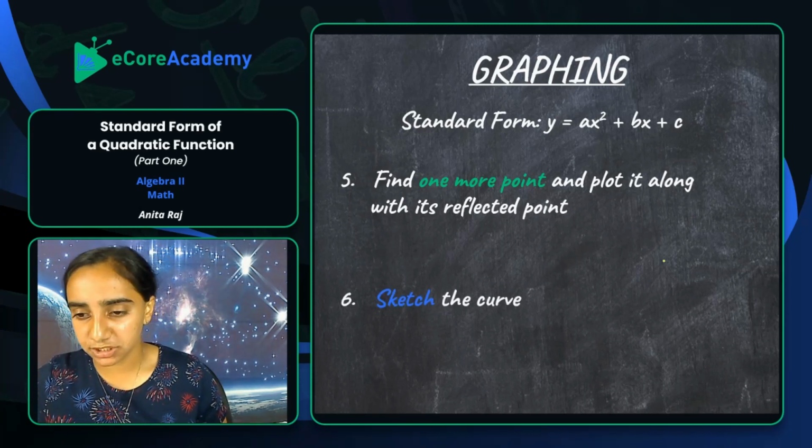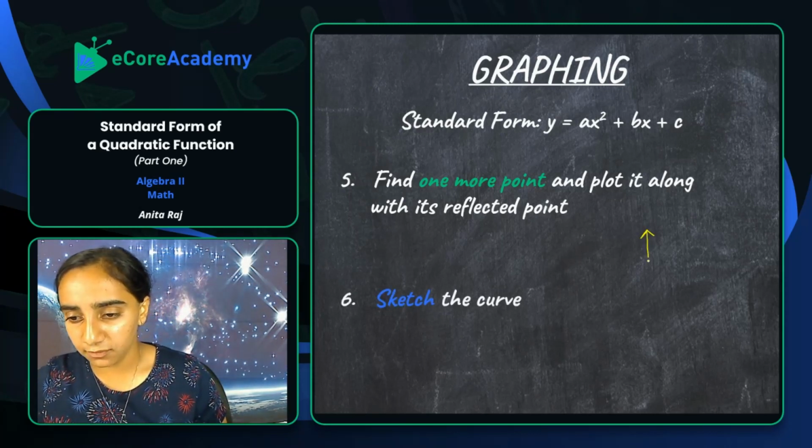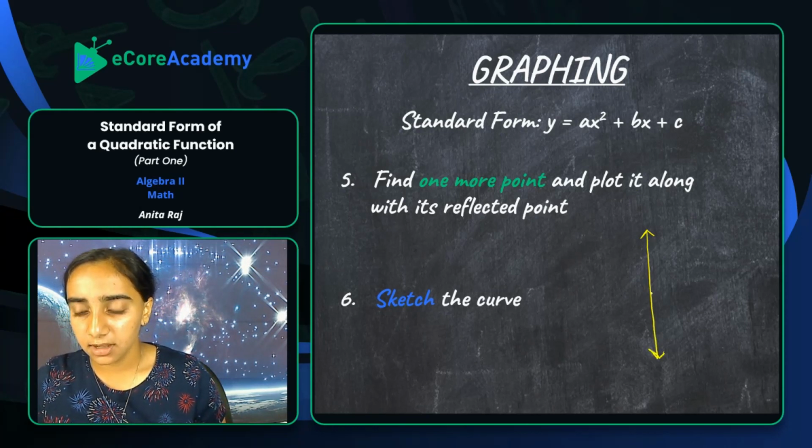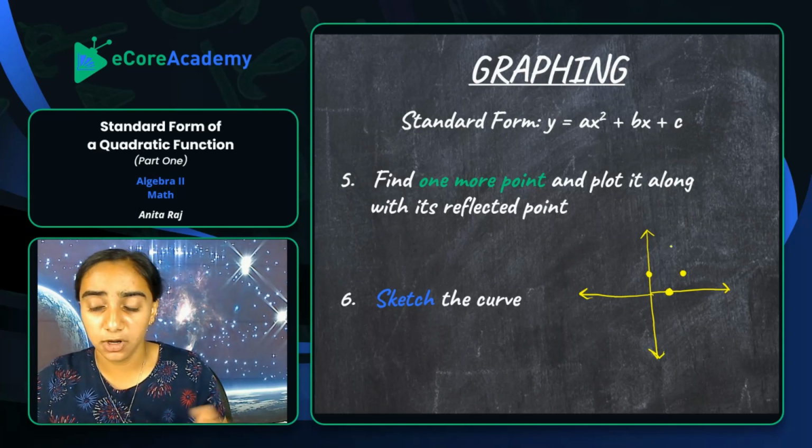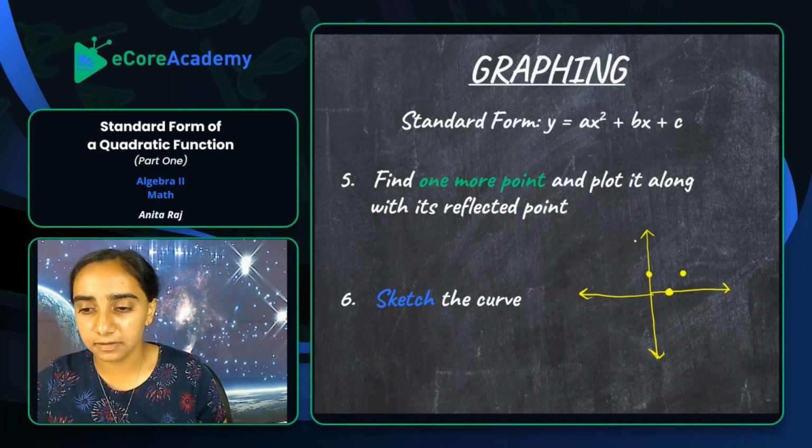So what does sketch the curve mean? Well, if I have my coordinate plane like this, my x-axis here, and my vertex is over here, and then my y-intercept is right here, and then I reflected it and got the correct reflected point, and then I found another point somewhere up here, and another point up here.